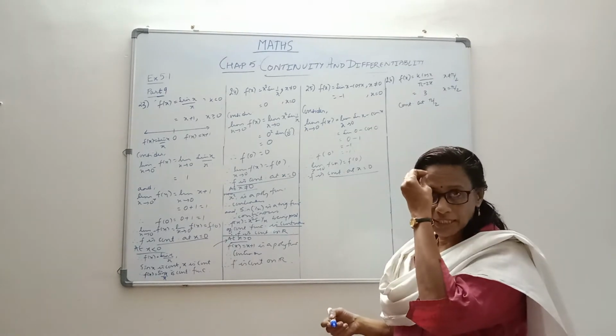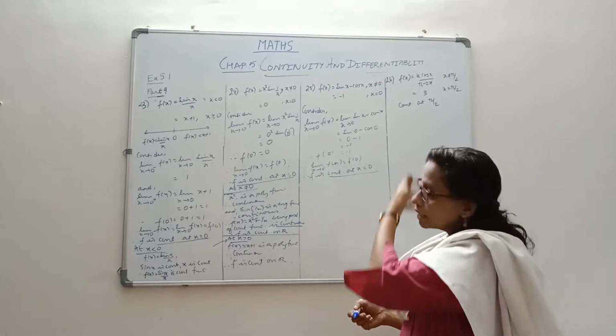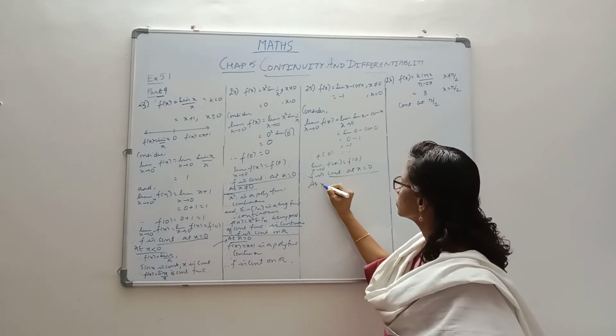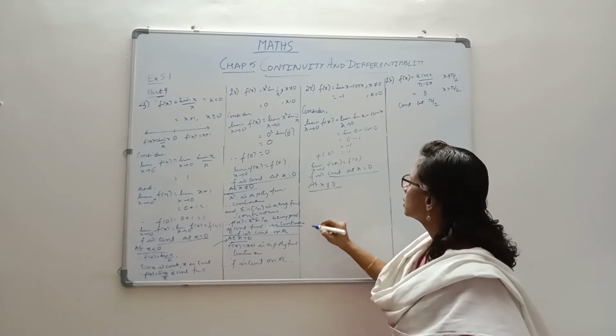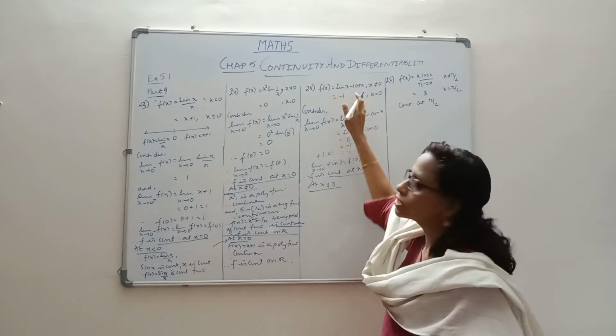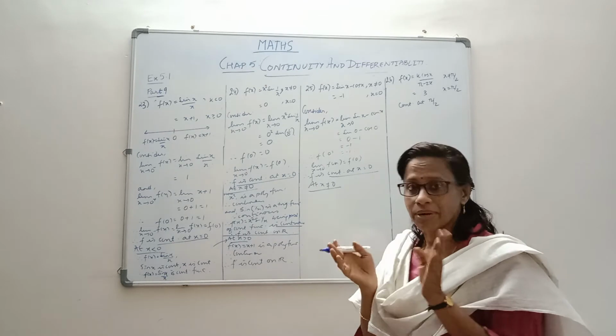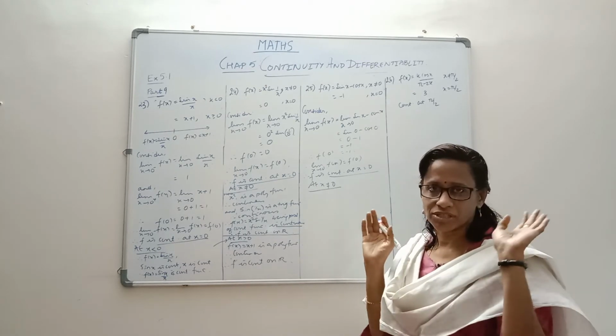Now, we have to check the remaining things at other points. So, at x not equal to 0, what happens? We look at this function sin x minus cos x. Sin x is continuous, cos x is continuous. Algebra, addition, subtraction, multiplication, division is continuous.